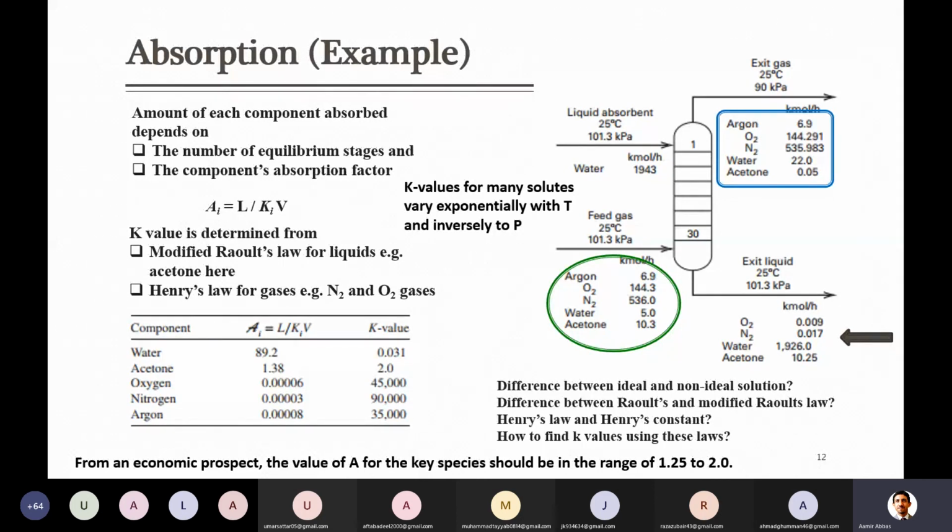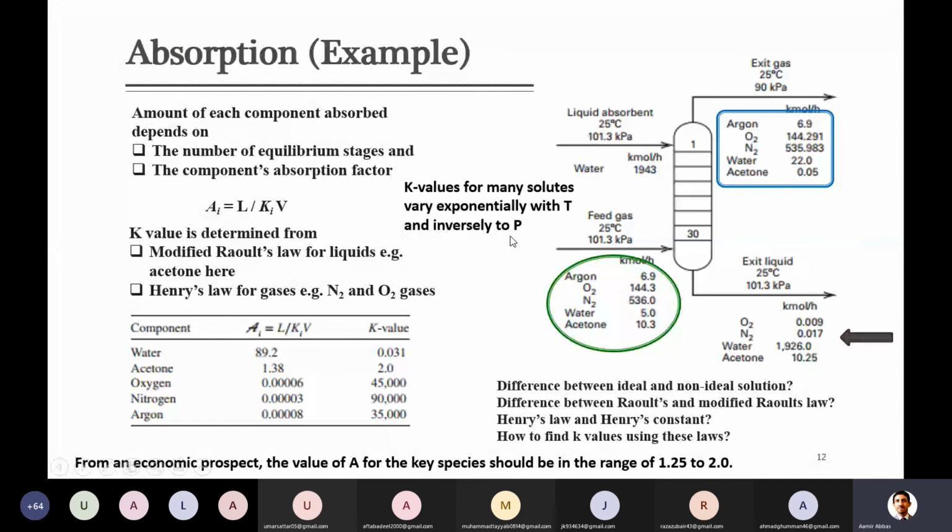And if it is modified Raoult's law, then some coefficient comes with this P sat over P. For Raoult's law, we consider that K is P sat over P. Now if you increase the pressure, what will happen? The value of K will decrease, because K is equal to P sat over P.